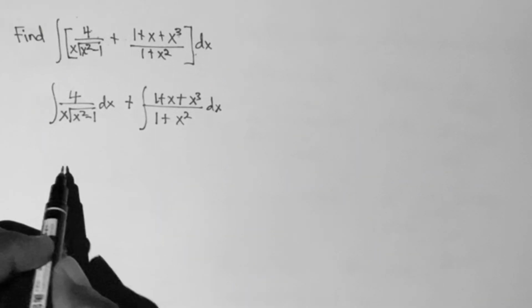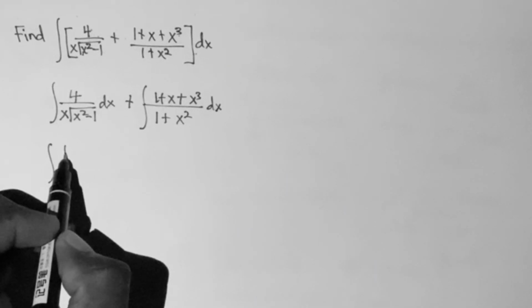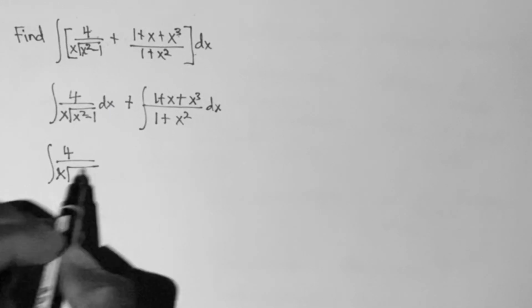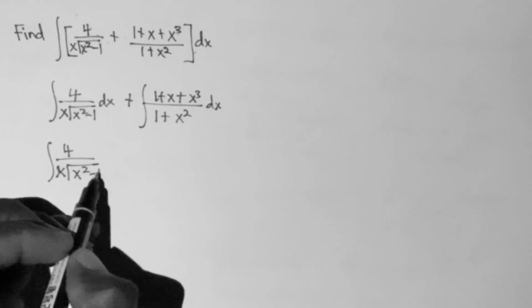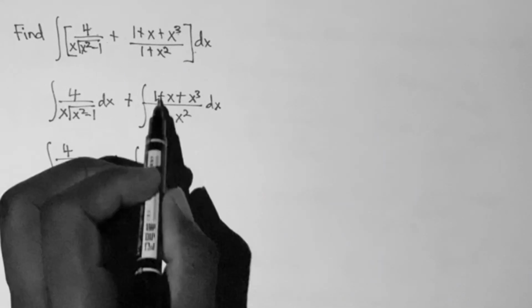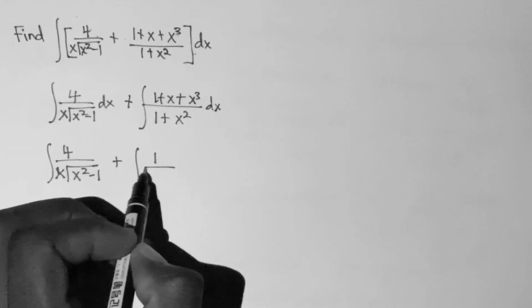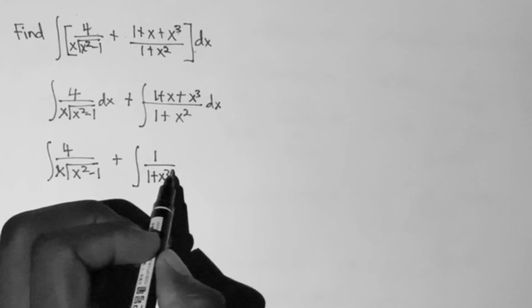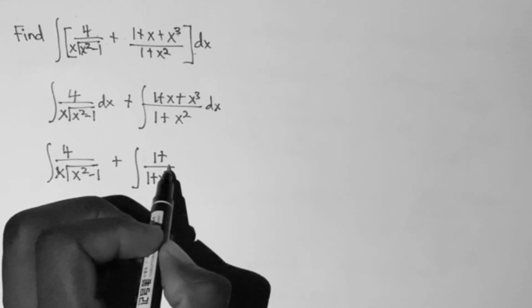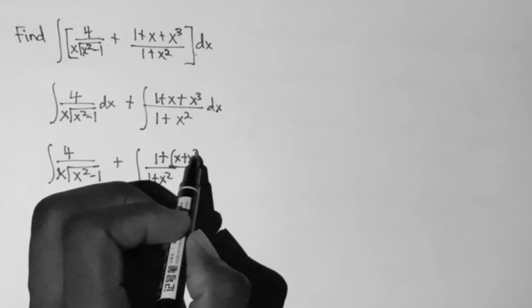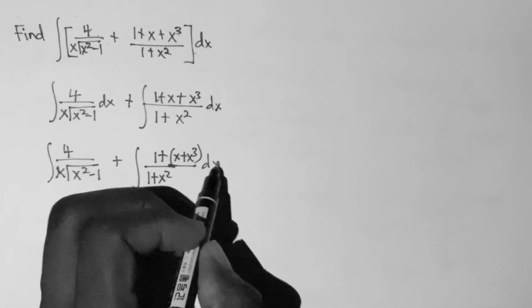So this becomes the integral of 4 divided by x square root of x squared minus 1, then plus the integral of, I want to break this into 2, 1 divided by 1 plus x squared, then plus, I want to put this in brackets, x plus x cubed, dx.